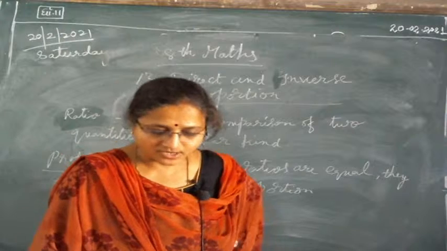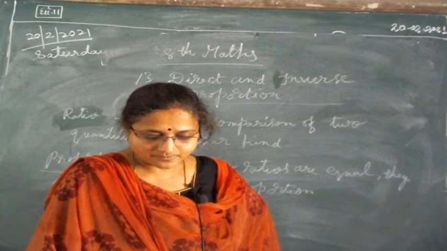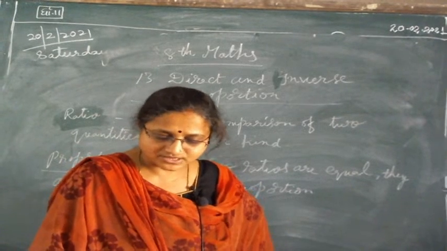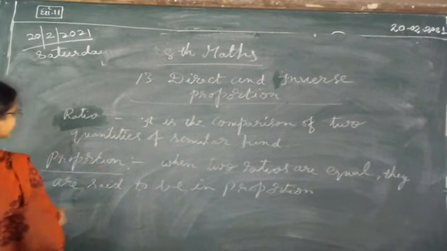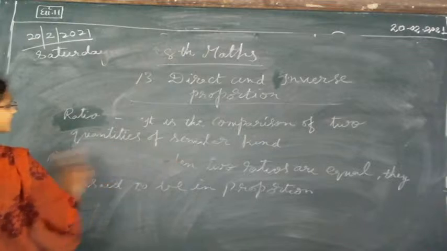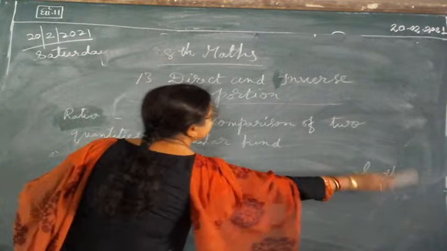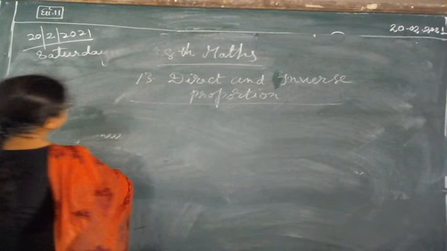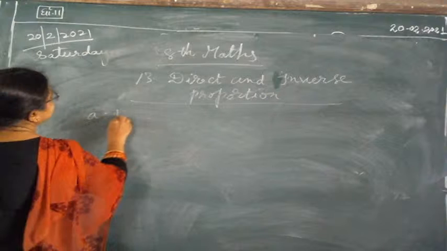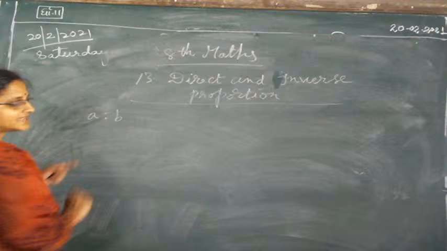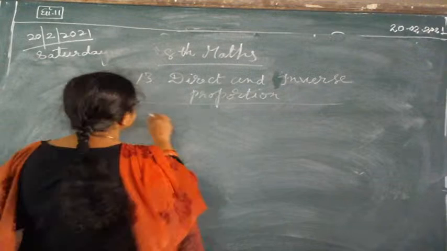So, if four numbers are in proportion, then the product of the first and fourth number. See, A by B means A is to B, right?